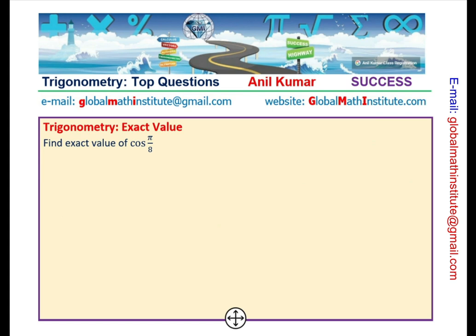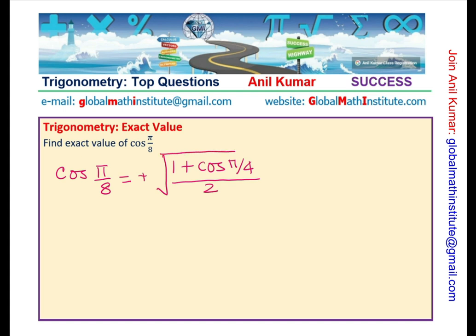So we have cos of pi by 8 equals the positive value of the square root of (1 plus cos of pi by 4) over 2. So that gives us the square root of (1 plus square root 2 over 2) over 2, right?